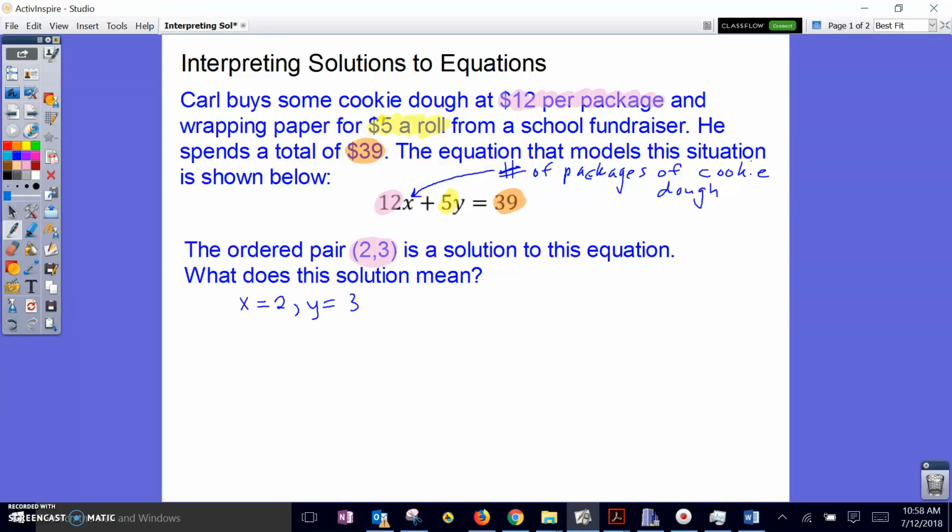And if we think about the wrapping paper the same way, he's buying it for $5 a roll. We're taking 5 times y. So what does 5 times y represent? It represents the amount that he spends on wrapping paper. And so y represents the number of rolls of wrapping paper.